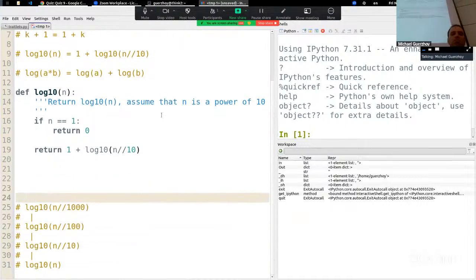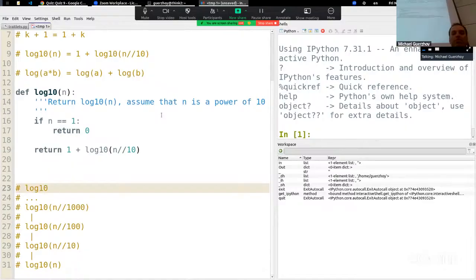And when do you stop? Well, you stop when you call it with 1. So now we want to know essentially how many calls.